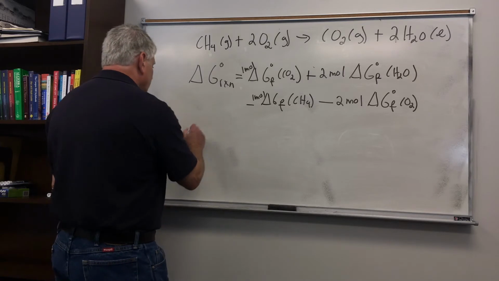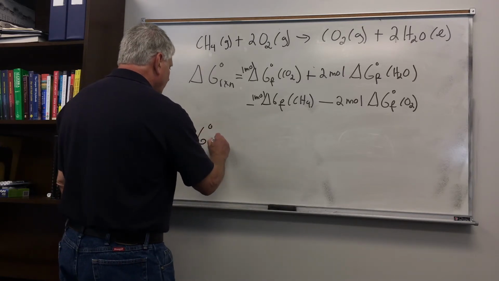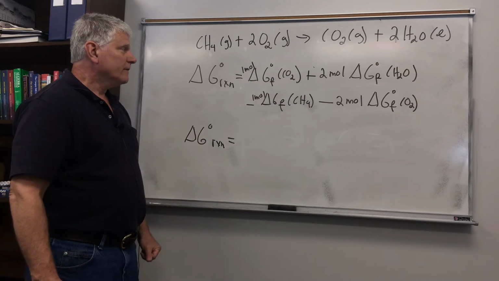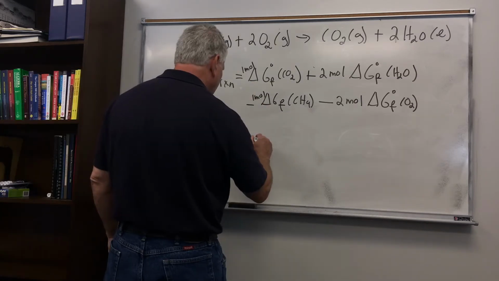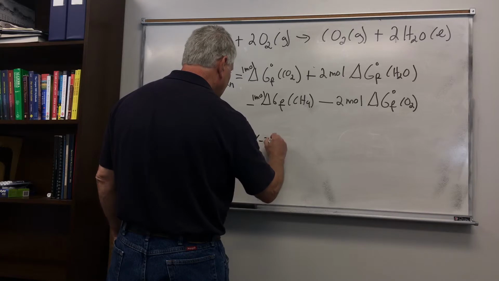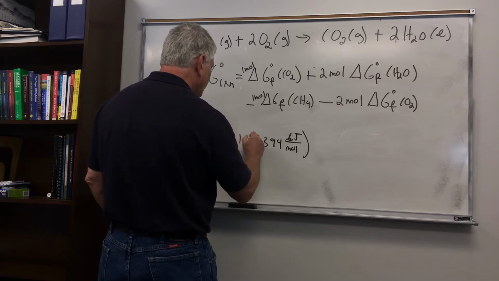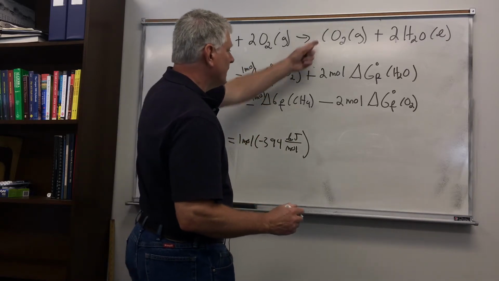Okay, so we go to a table and we look up the Gibbs free energies of formation of each of these species. It's negative 394 kilojoules per mole, and we have 1 mole of carbon dioxide.